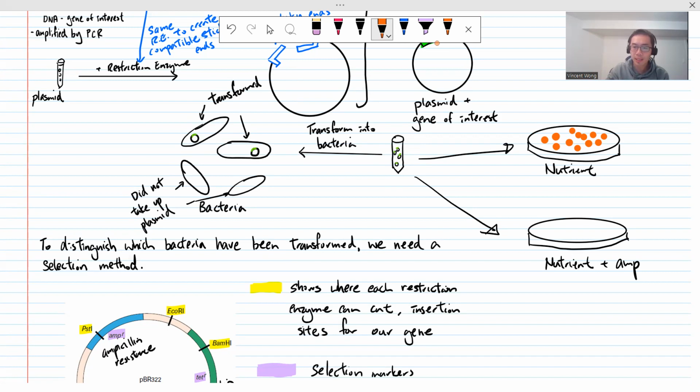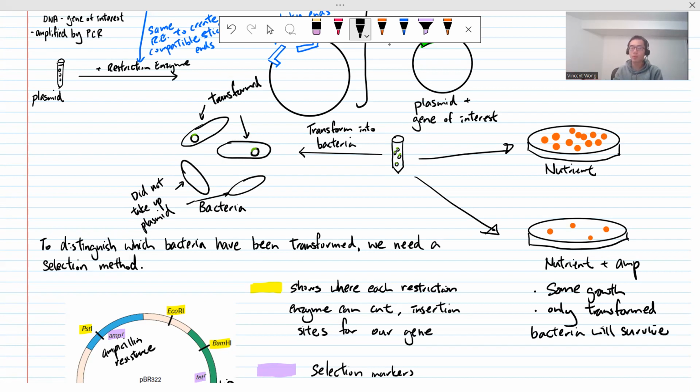But if it's nutrient plus ampicillin, you will only have some growth. Only transformed bacteria will survive. And those are the ones we want. We want the ones that have accepted the plasmid.